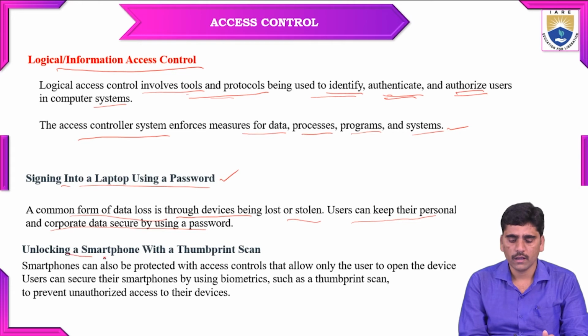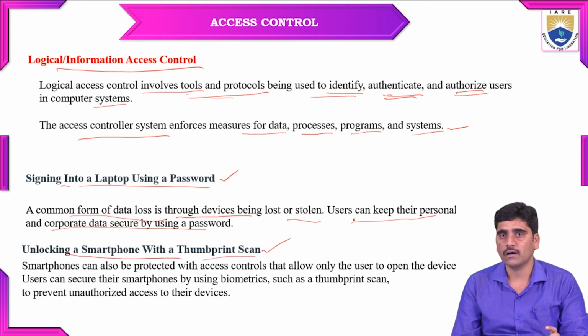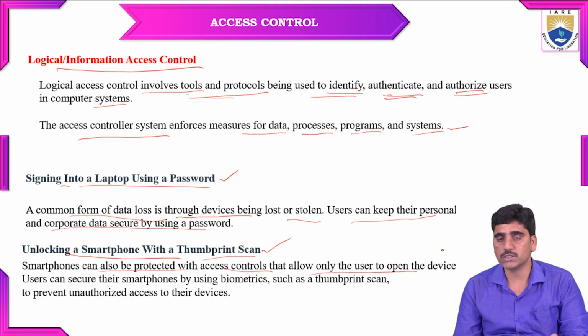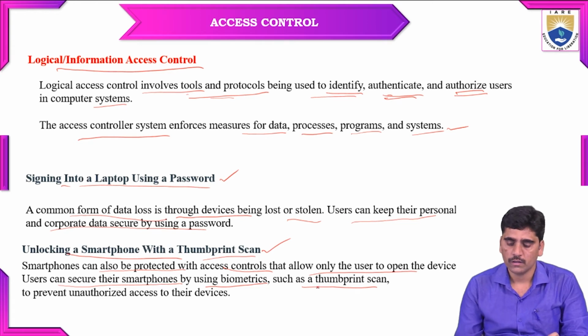Next is unlocking a smartphone with a thumbprint scan. Smartphones can also be protected with access controls that allow only the owner to open the device. Users can secure their smartphones using biometrics such as a thumbprint scan to prevent unauthorized access.